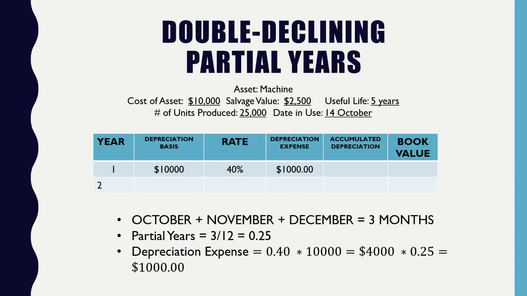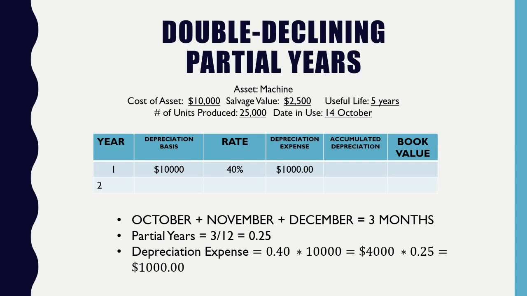So $4,000 divided by 12 months, because that's going to give you a monthly depreciation. You multiply it by the 3 months that you are active with it, which should give you 999.999. So that should round up to $1,000.